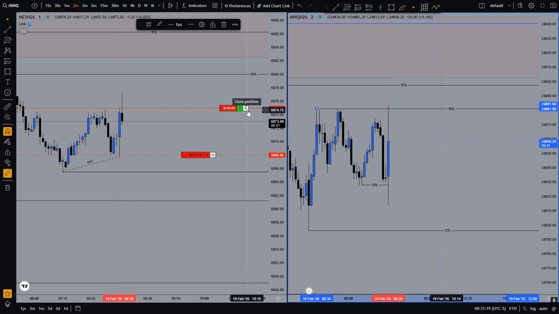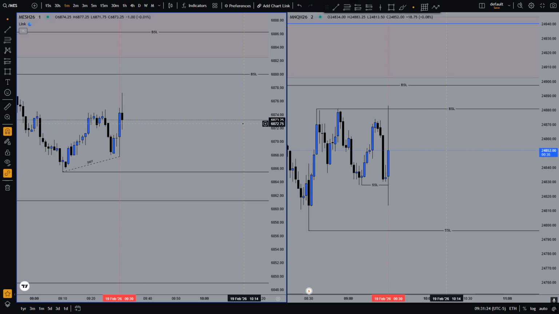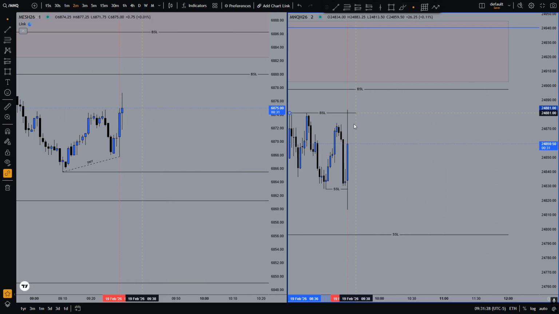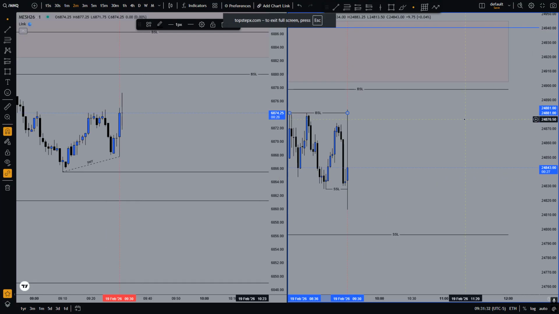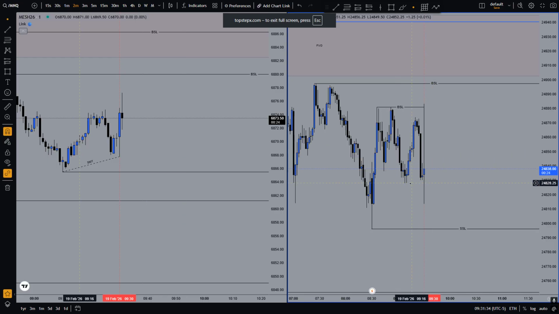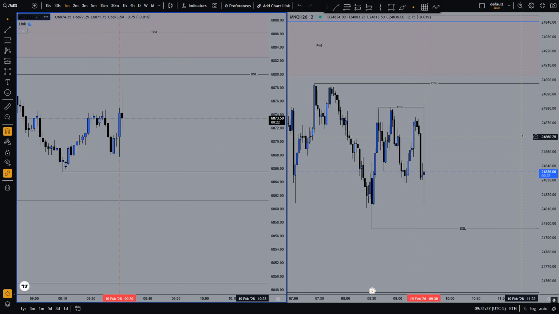So it looks like NQ ran higher and took this high, which was quick as hell. So I'm gonna close out there for 83 bucks. Small tiny loss. We now have SMT in the opposing direction here.